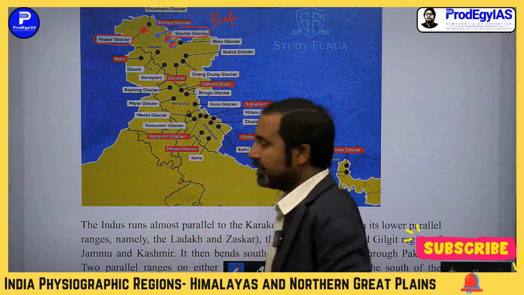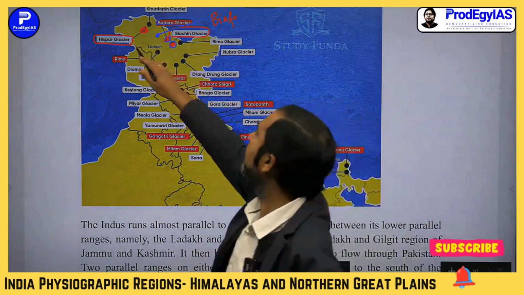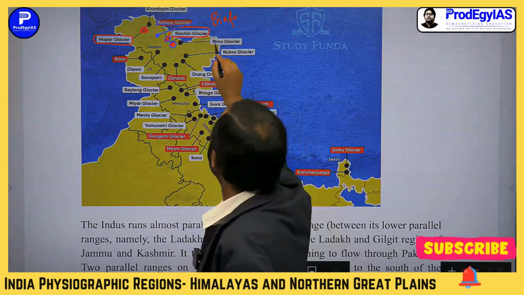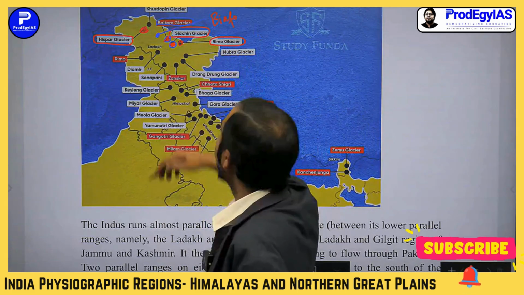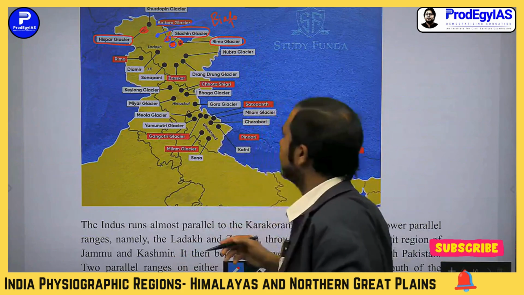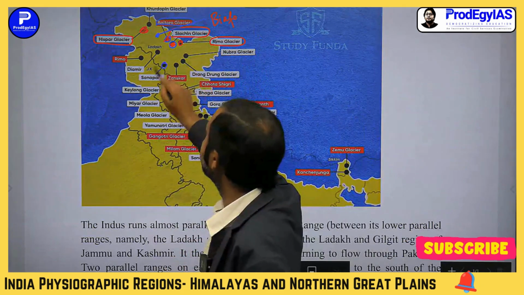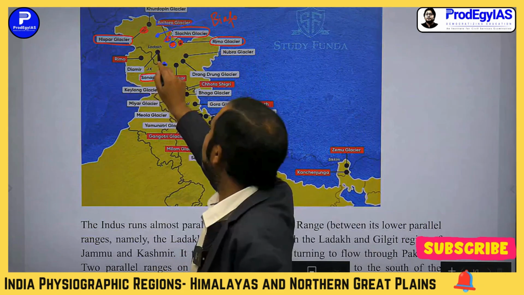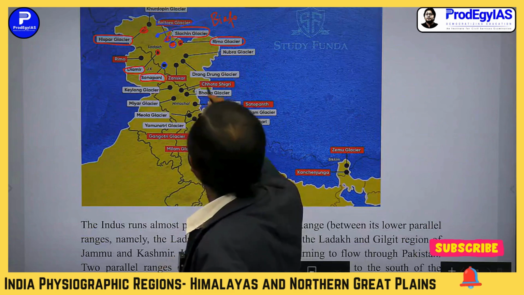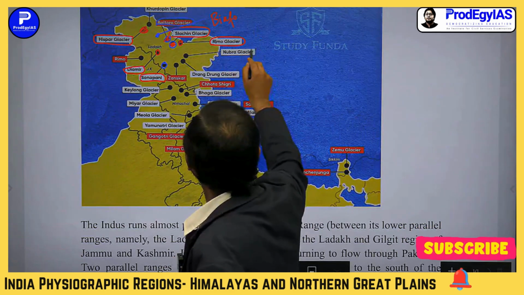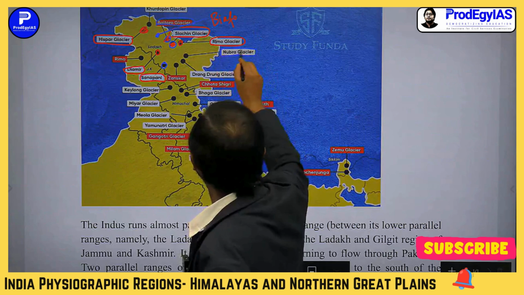These are important glaciers in the Karakoram range in the Kashmir region. This is a very important glacier, Remo Glacier. Apart from that, also see all these glaciers, like this Sonapani Glacier, this Diamir Glacier in the Ladakh region. Not all are important. Just try to note down these glaciers which I am locating.